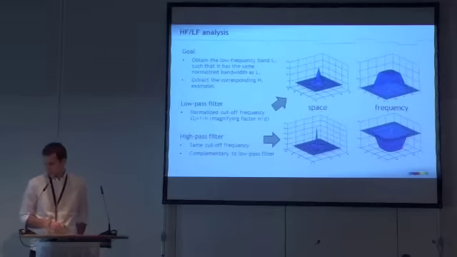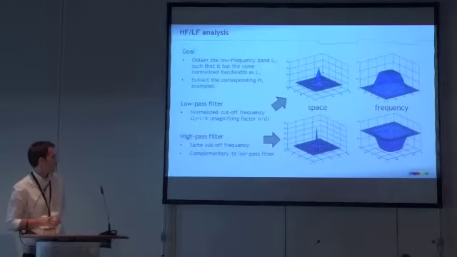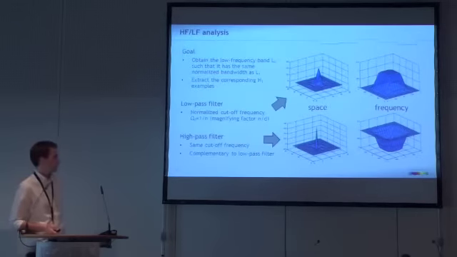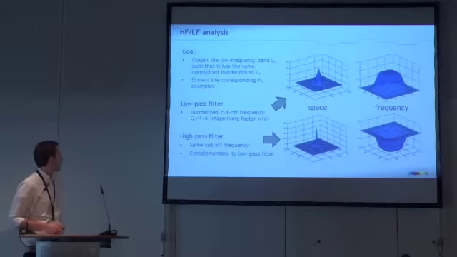And well, this is the shape of such filters. Here we have the spatial response and the frequency response. The high pass filter is just the complementary of the low pass filter, which is a separable filter and can be implemented very quickly, since the convolution is separable.